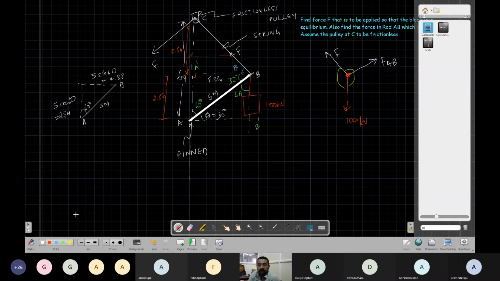Now if I take tan of theta, what is tan of theta? 3.5 by 4.33. Now what is theta? Tan inverse of 3.5 by 4.33. What is this value in degrees?